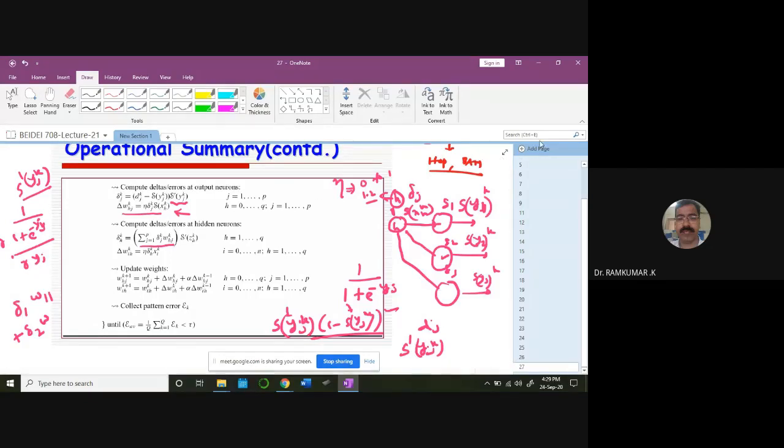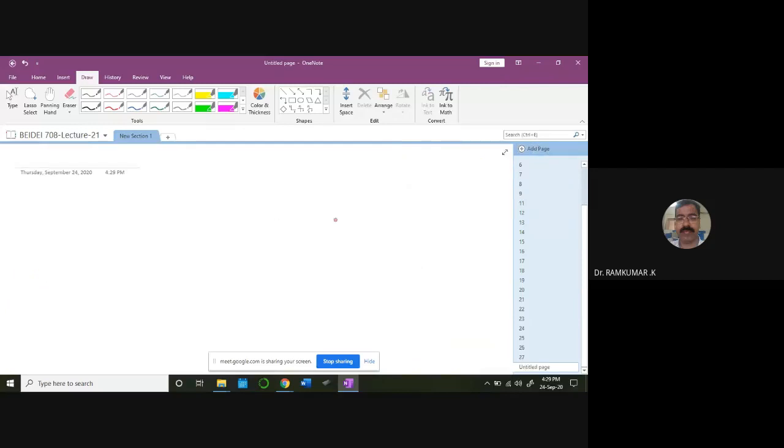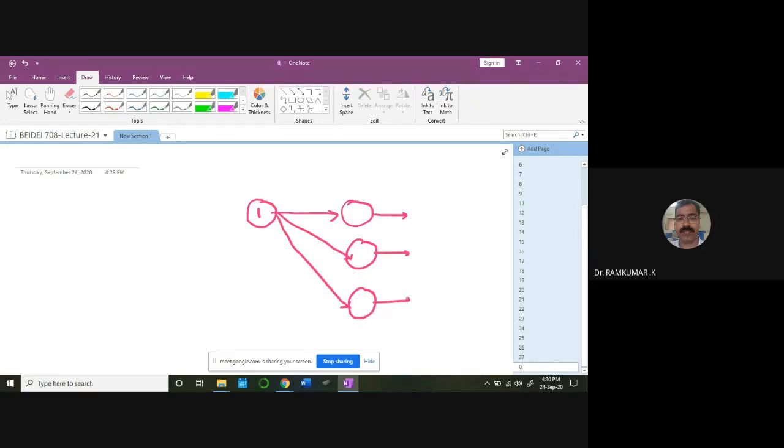Is it clear? Can I repeat? See here I have outputs. I'm working out for this hidden neuron 1, which is connected like this, like this. In the first step, you have computed delta 1 for output neuron 1, delta 2, and for example delta 3.